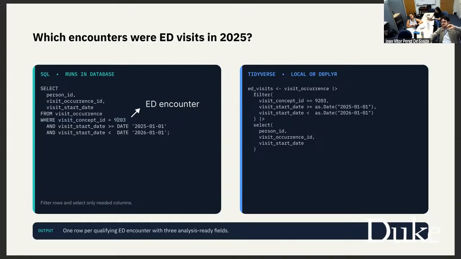The difference is that this is inverted from what you usually do in Python or R. Here, this is R and tidyverse. You start with your database, you filter the database, then you select your columns.